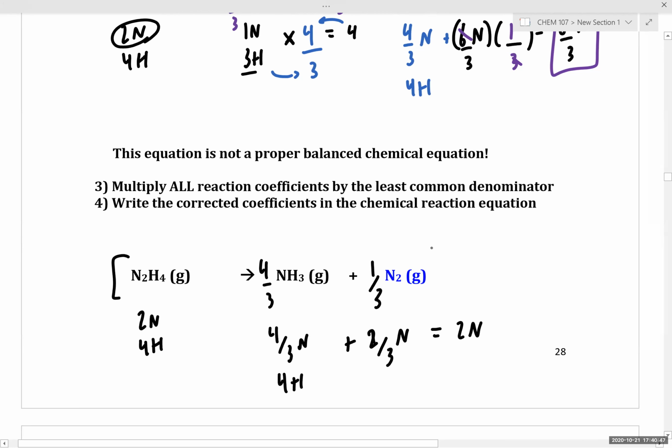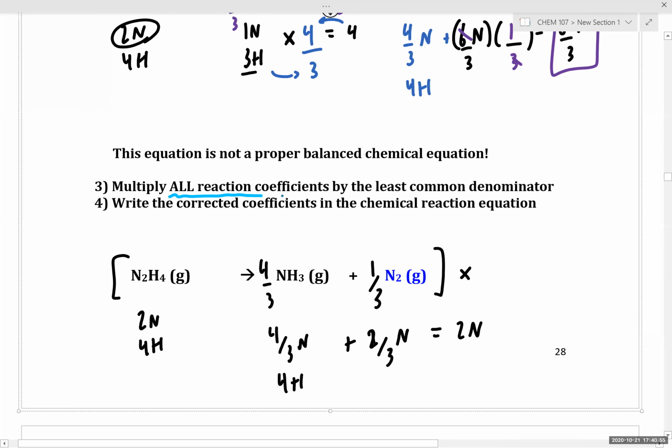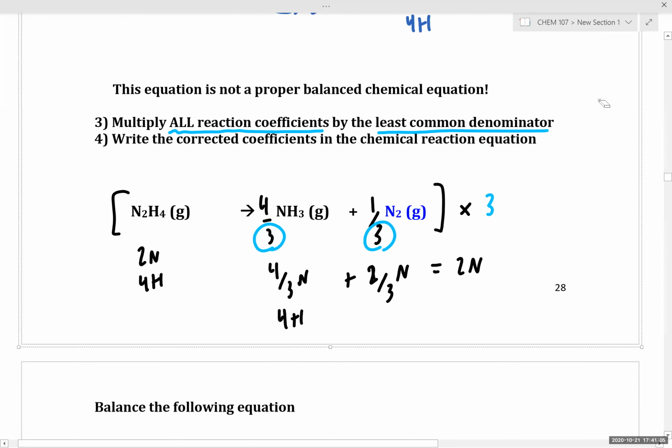So in order to get rid of our fractional coefficients that we used to quickly balance our chemical equation, we're going to multiply all of our reaction coefficients by the least common denominator, which is the number on the bottom. So we're going to multiply all of our coefficients by 3.